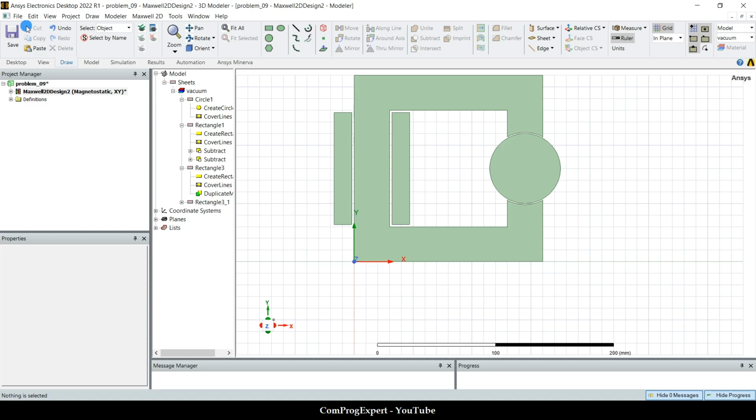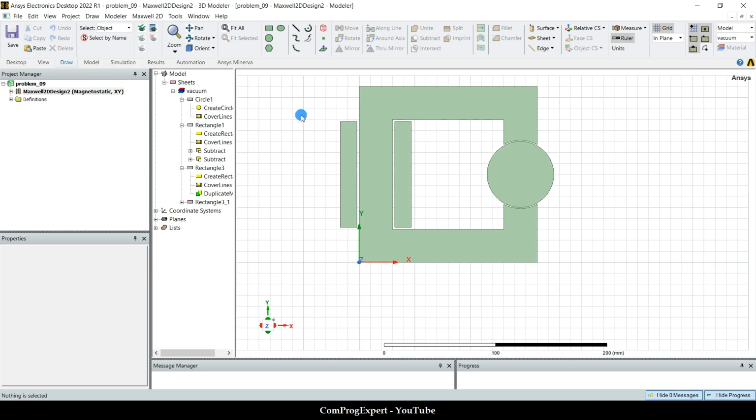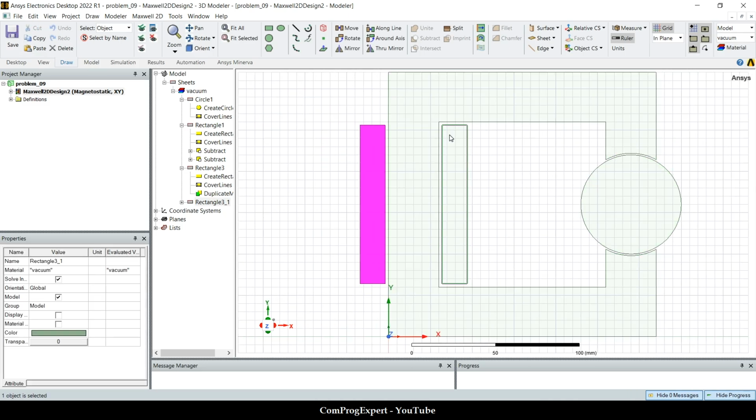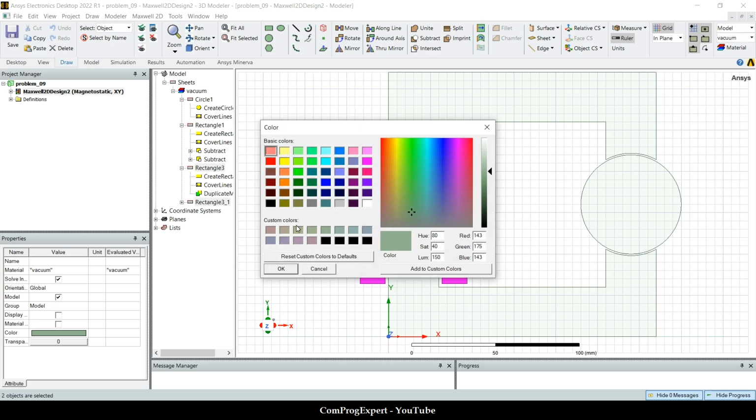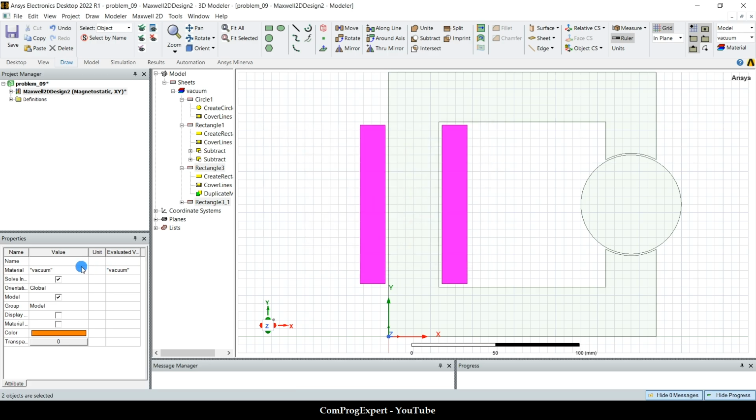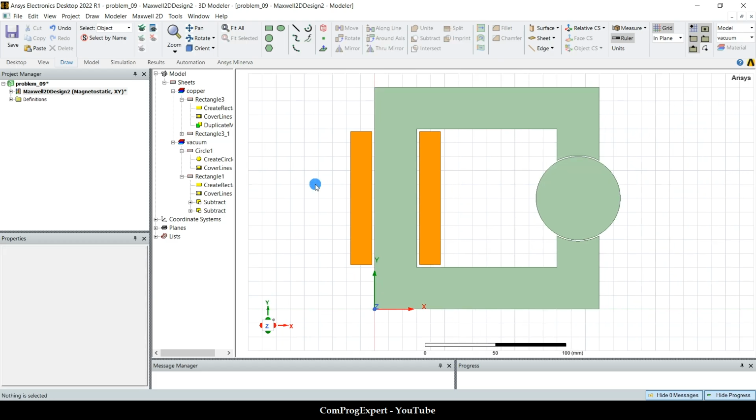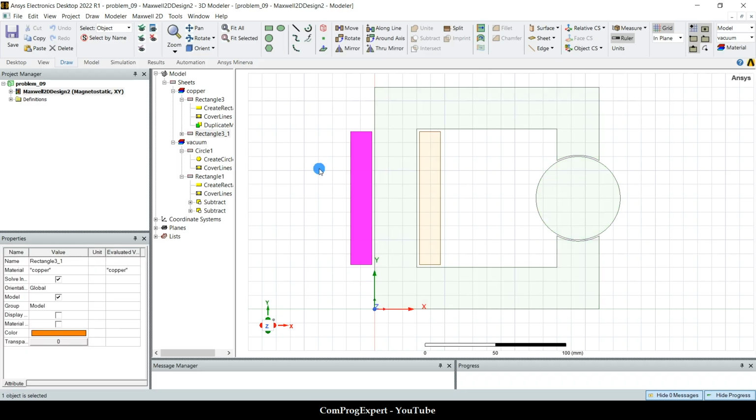Anyway, so consider this structure. If I select these two rectangles, change the color and set the material to copper, okay, and let's define one excitation for these two regions.